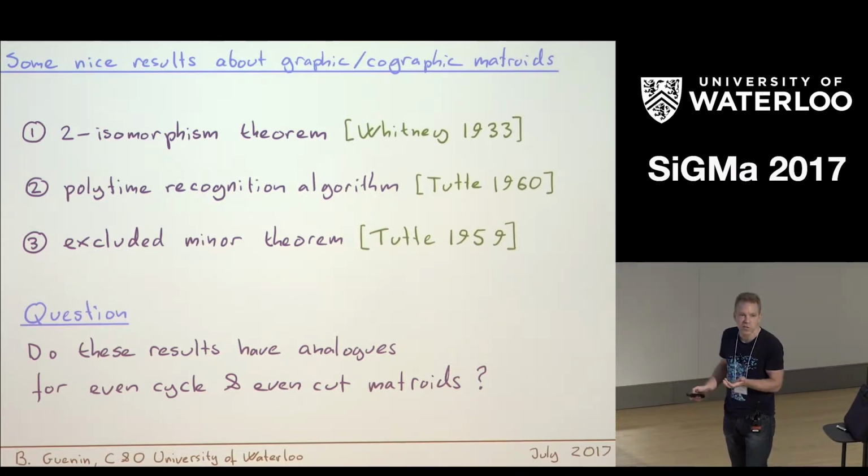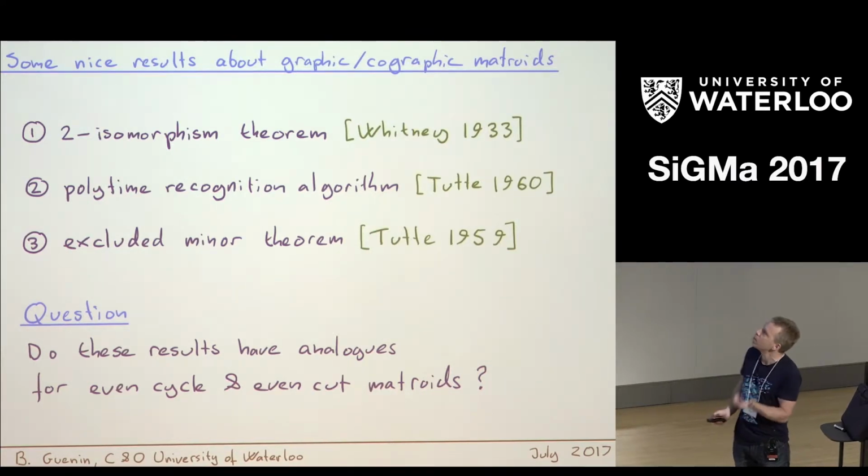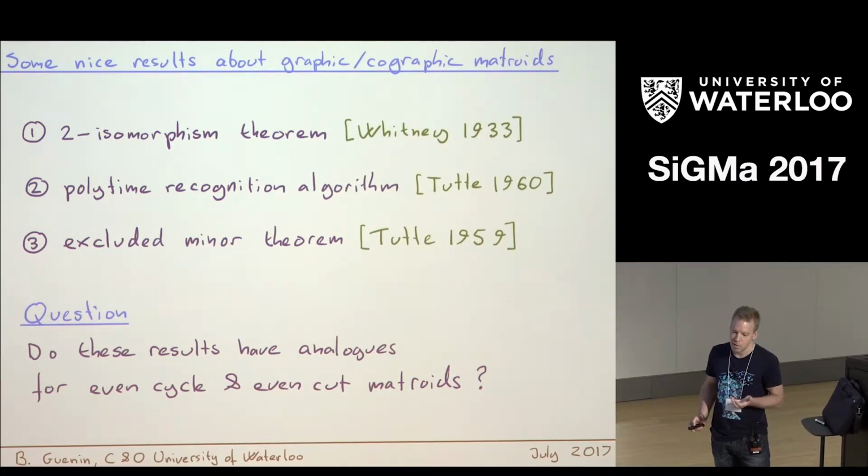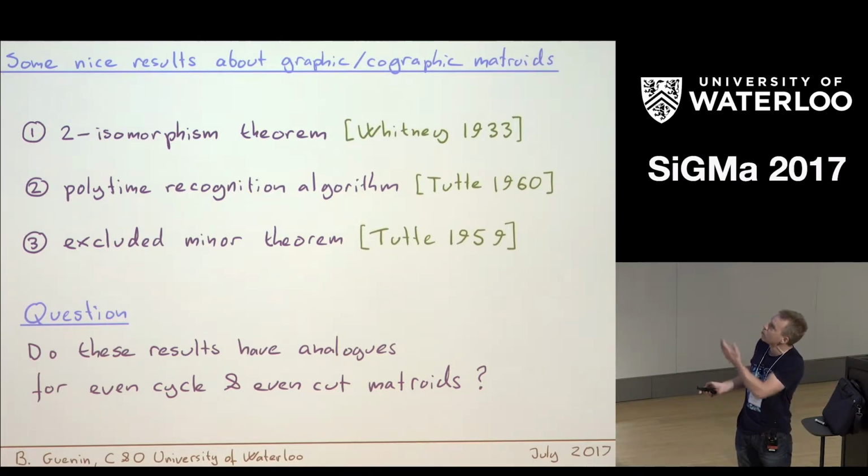One is Whitney's 2-isomorphism theorem. Then you have the problem of recognizing graphic matroids, which is a result of Tutte. And then you have Tutte's excluded minor characterization of graphic and cographic matroids. So I'm going to try to look at each of those results.